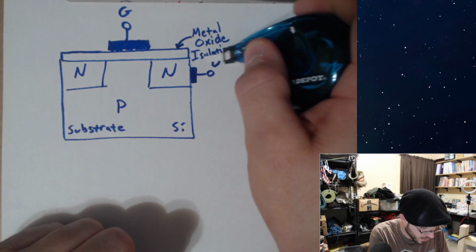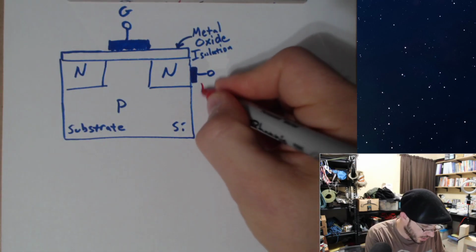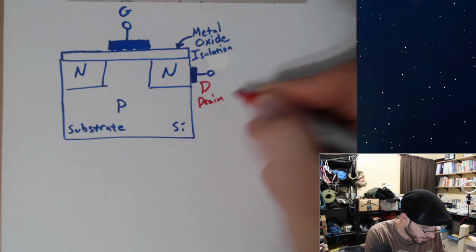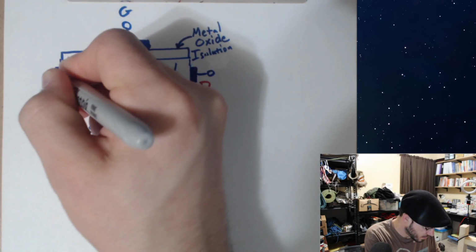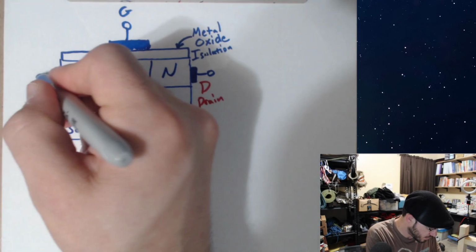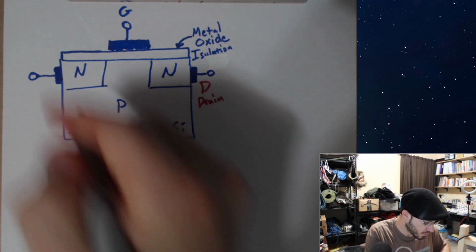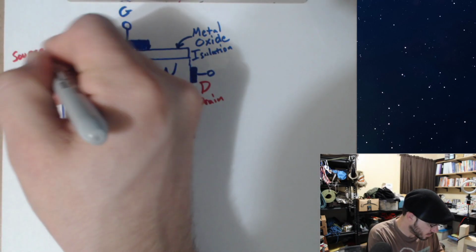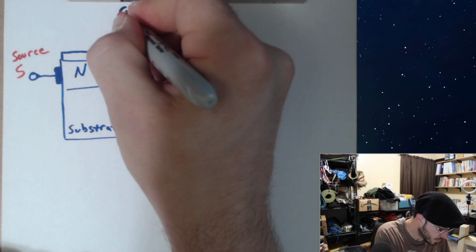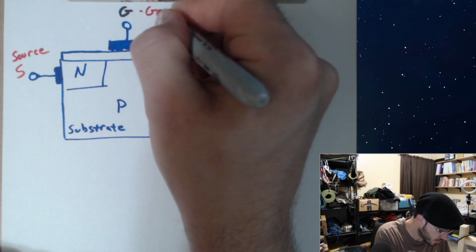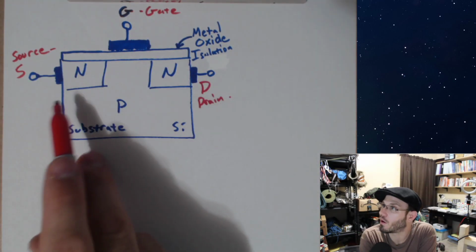Let me use a different color so we don't get confused. Let's just call this the drain. Similarly, if we do that to the other side, we're going to get the source. So we have our gate, our drain, and our source.